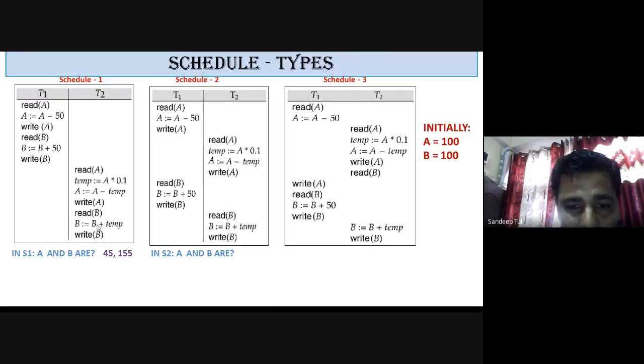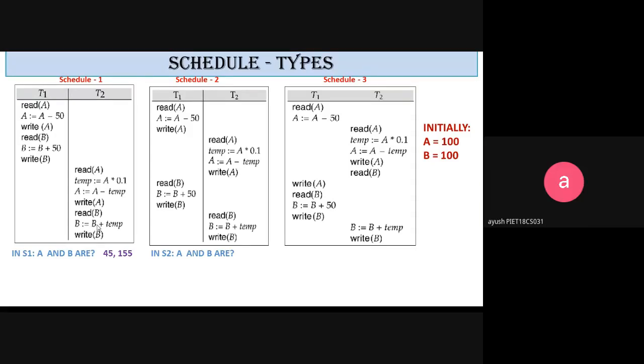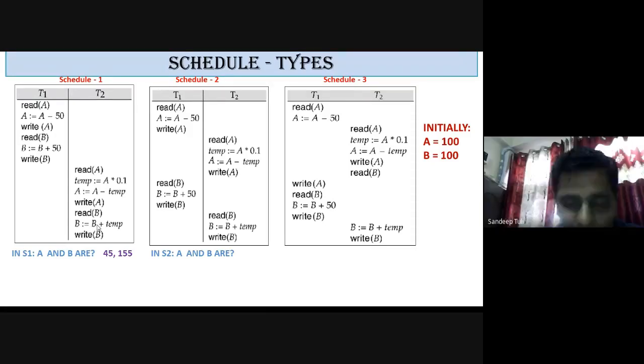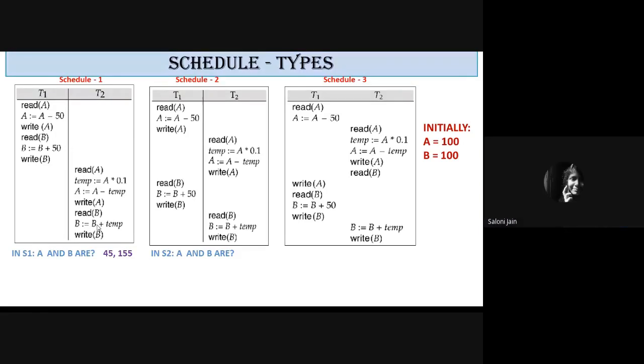Now come on to schedule 2. What will be the values of A and B? Calculating, be careful. So the same values, 45 and 155.